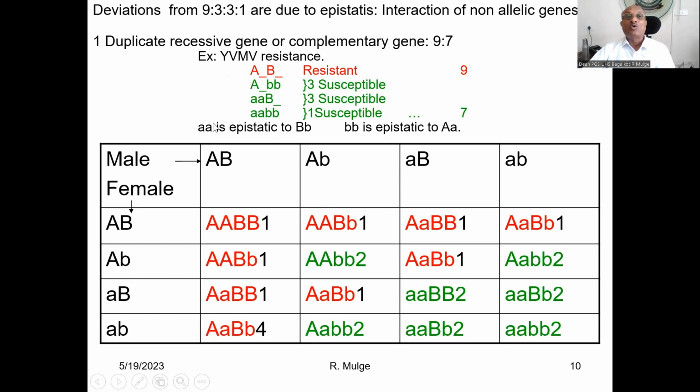It means the homozygous recessive of the first gene is epistatic to the heterozygous of the second gene, and the homozygous recessive of the second gene is epistatic to the heterozygous of the first gene. So if both genes have at least one allele in dominant condition, only then will the plants be resistant. That's why it is called duplicate recessive epistasis. Otherwise, why is it called complementary?